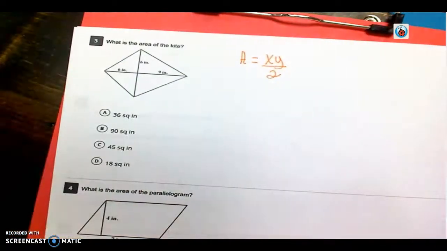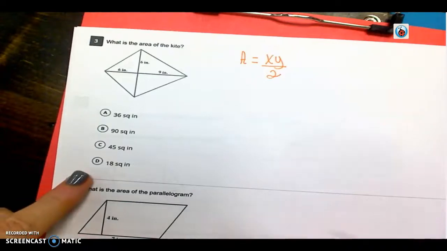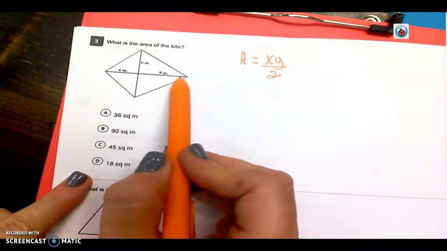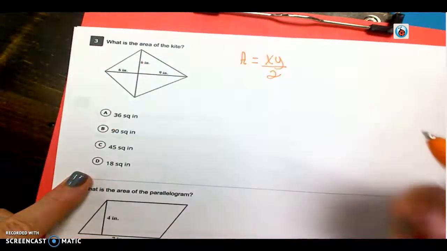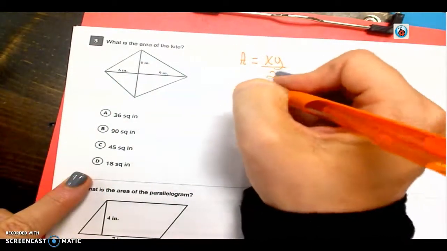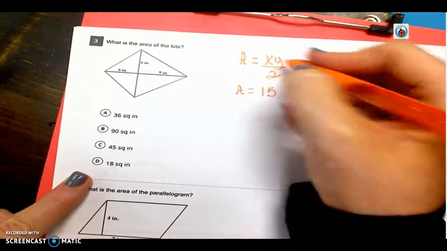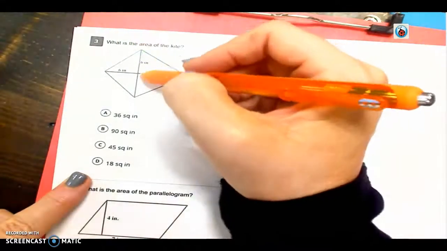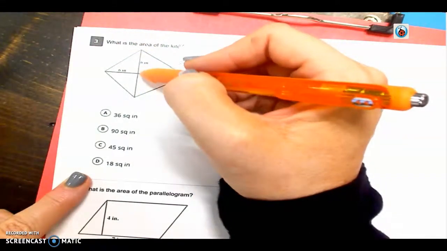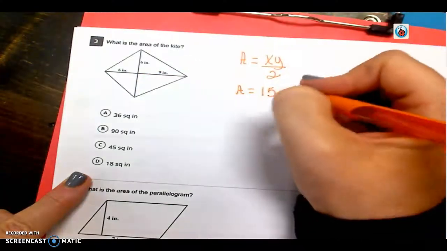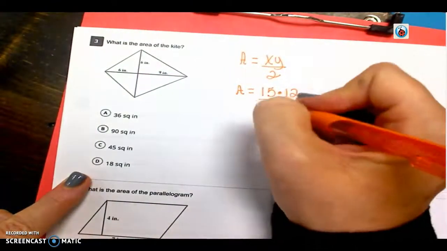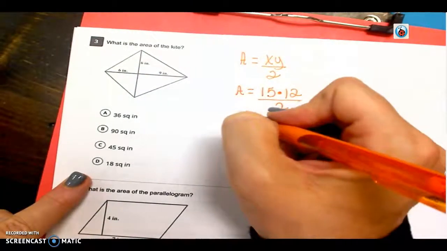So we need our measurements here. So if we add 6 and 9 here, we're going to get 15. And then we're going to multiply it by this piece, which is going to be 6 and 6, which is going to give us 12. And then we're going to divide by 2.